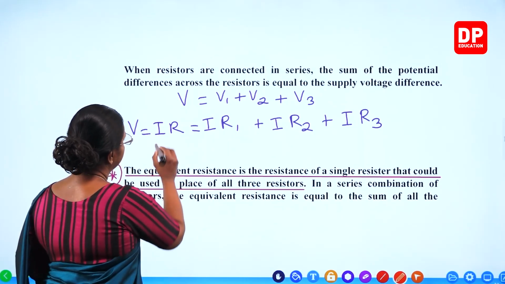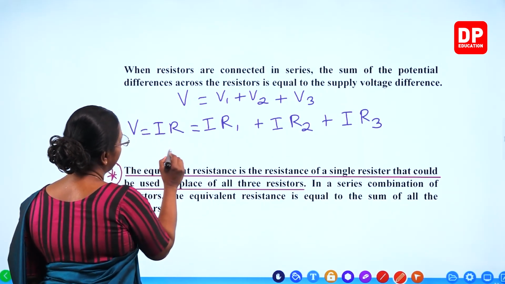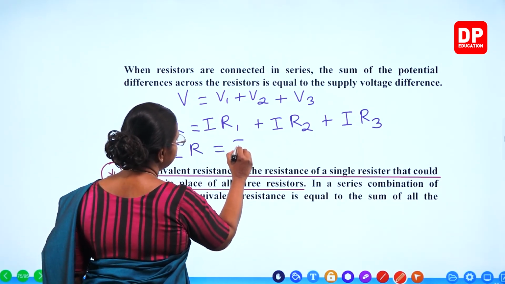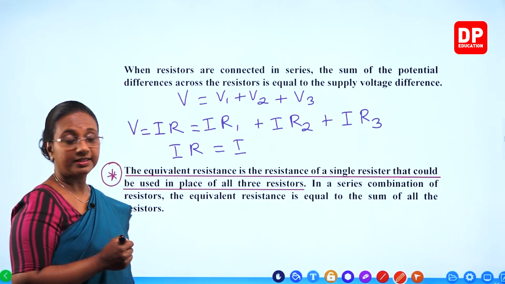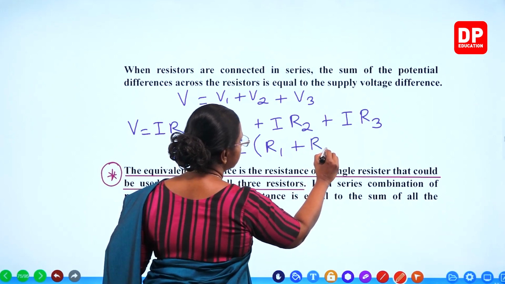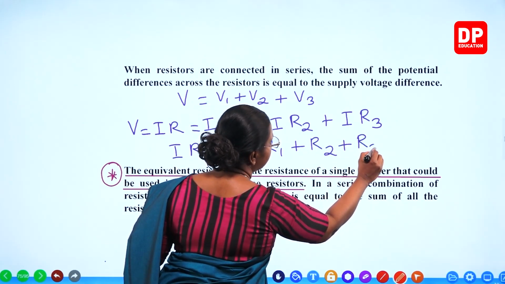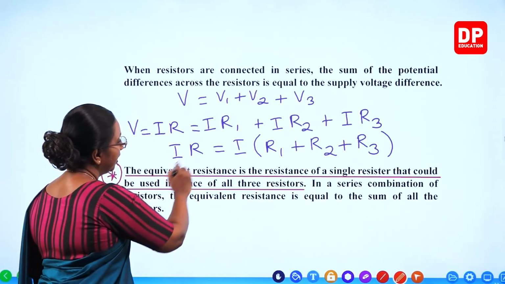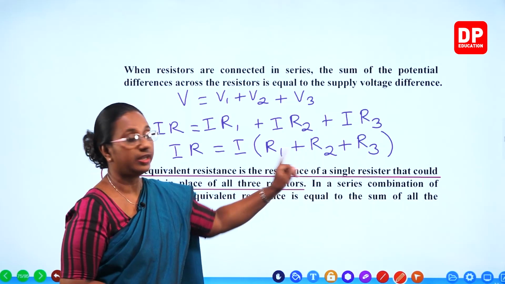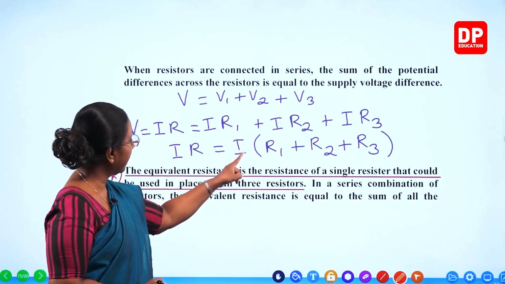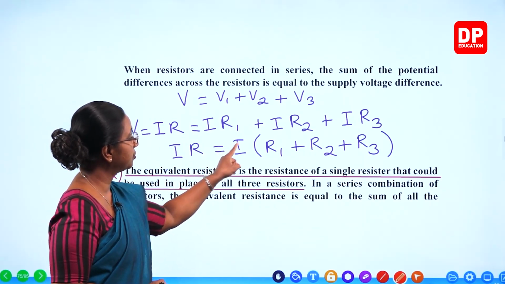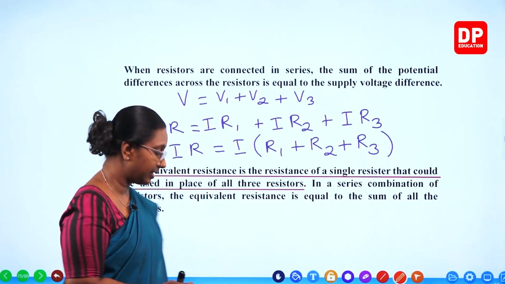Now look at this. If I write it again, I into R is equal to, taking I as the common factor, I into R1 plus R2 plus R3. On either side you have I, so I can be cancelled off. So you get R equal to R1 plus R2 plus R3.